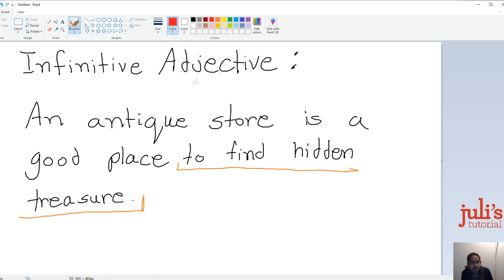The sentence can end right here if it wants to, but it didn't. I want to give you a reason for it. I could say, an antique store is a good place because you can find good treasure. It's a longer sentence, it still works, but this is a more precise, nice sentence. To find hidden treasure is basically acting as the adjective for the entire sentence. It's describing the entire sentence.